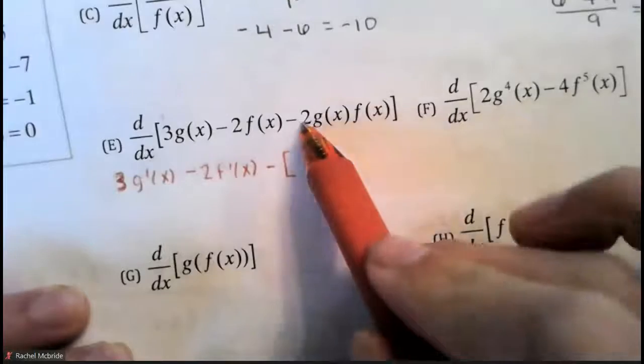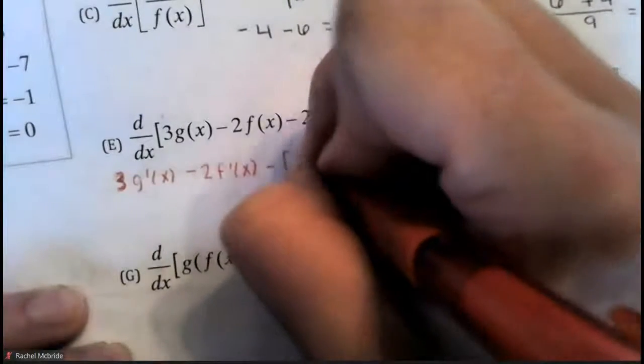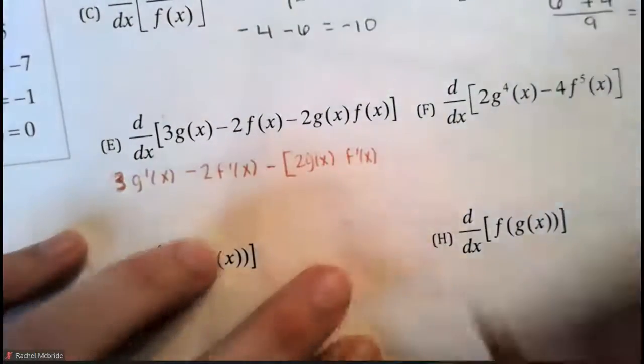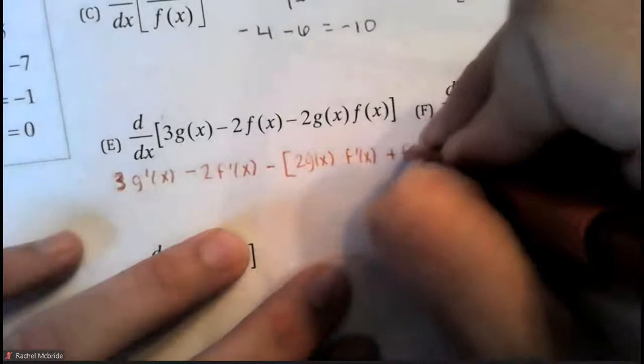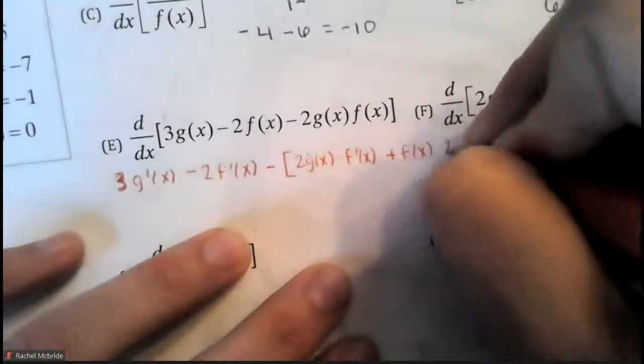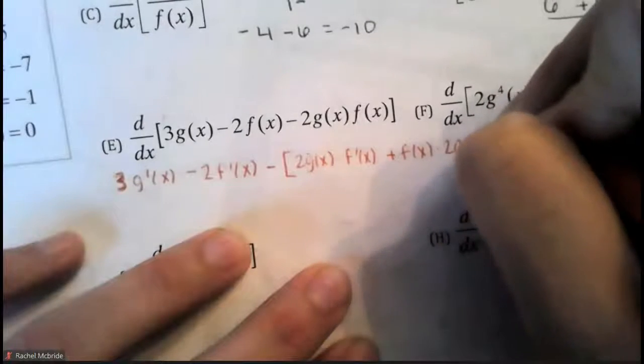So I'm going to treat the negative on the outside. And then it's going to be the first, which is 2g of x, times the second, which is f prime x, plus the second times derivative of the first, which is 2g prime x.